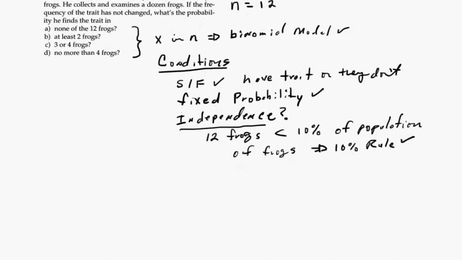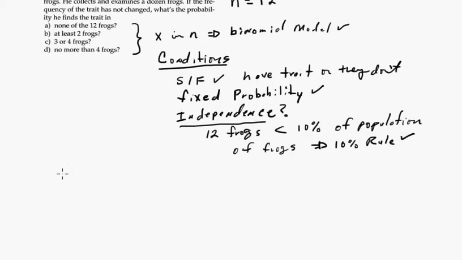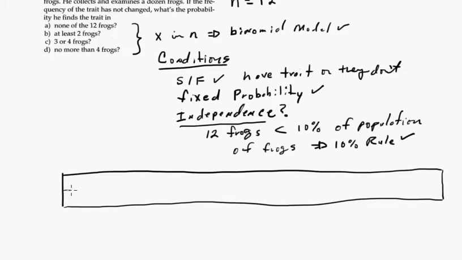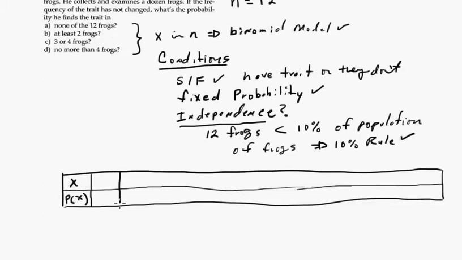Before we start doing the probability calculations, I want to show you the picture that I keep in my head. I've seen different kinds of pictures. If you go to the Khan Academy videos, he draws things a little differently, kind of like a histogram. But here I'm going to draw it the way we've been drawing discrete probability models. We're going to go from 0 frogs out of 12 that have the trait, to 12 out of 12.